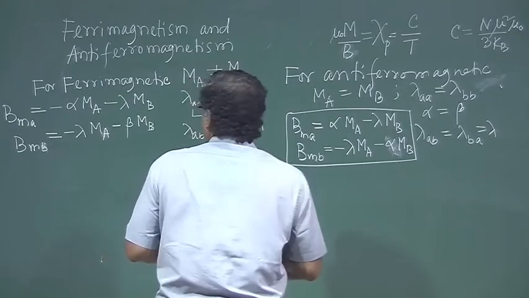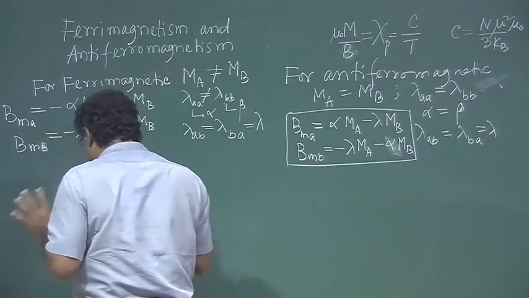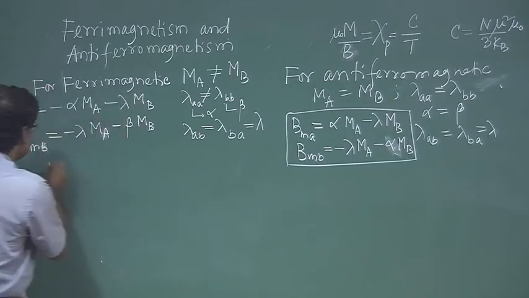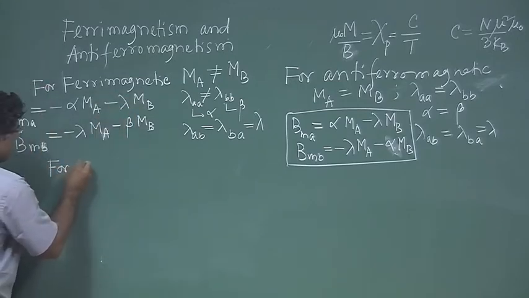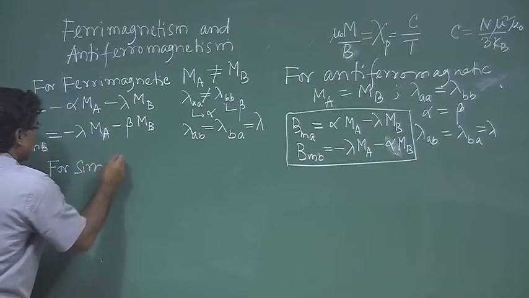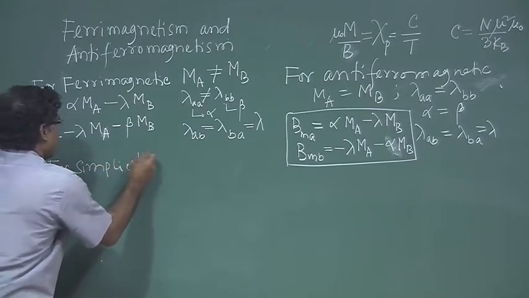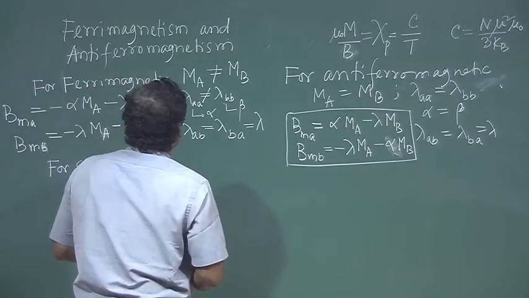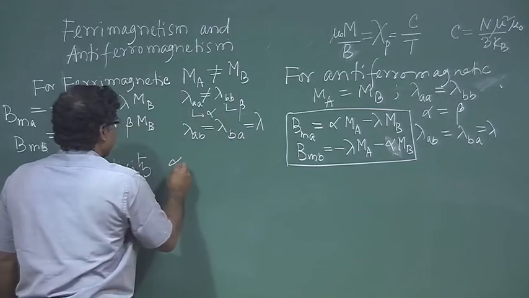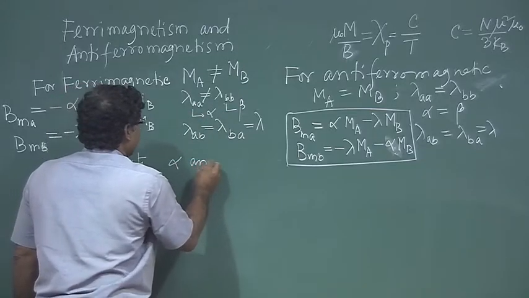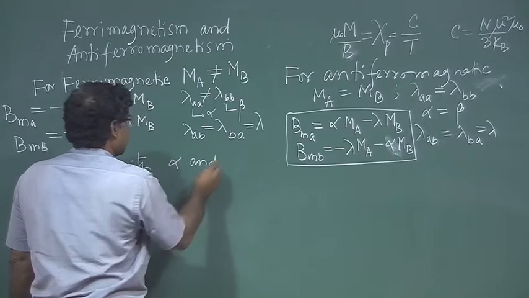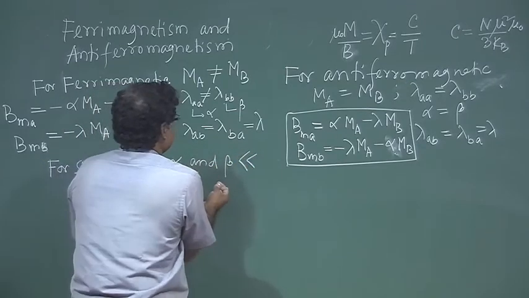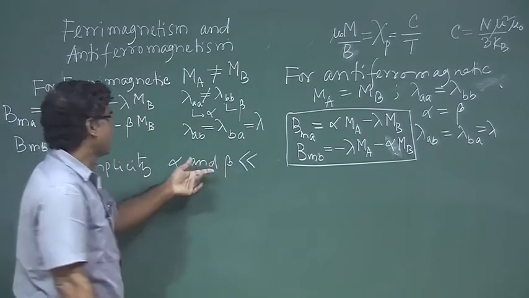Okay. So, in this case, for simplicity for this ferromagnetic case, let us ignore alpha and beta. They are very weak compared to lambda; experimentally also it is found they are very weak.